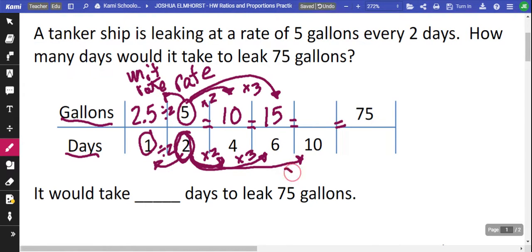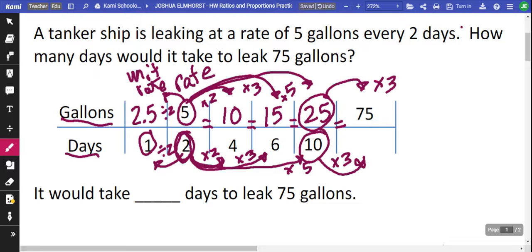So we're going to keep using that ratio. 2 times 5 is 10. And then 5 times 5 is 25. So 25 times 3 is going to give us 75 gallons.